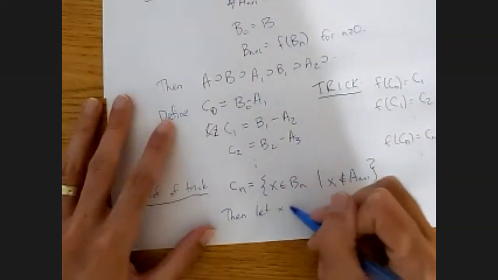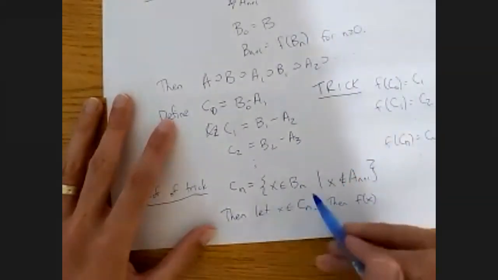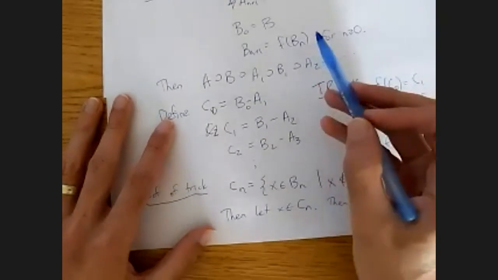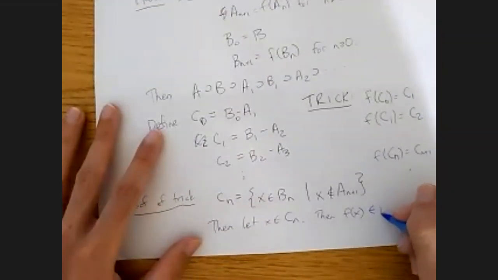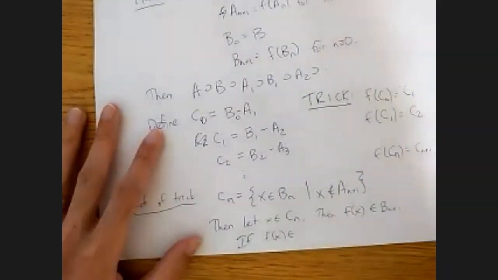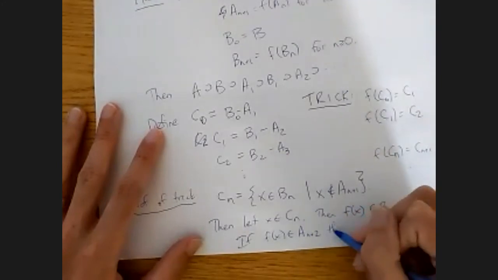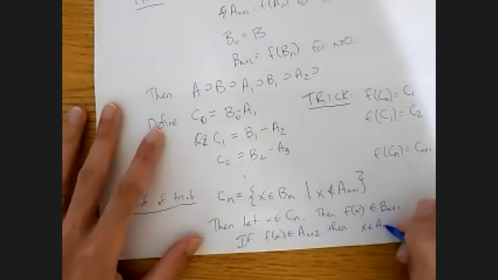Then let x be in C_n. Then f of x, well, x is in B_n. The definition of B_{n+1} is just f of B_n. So f of x is in B_{n+1}. Suppose f of x is in A_{n+2}. Then x is in A_{n+1}.